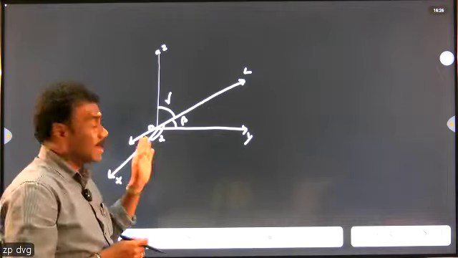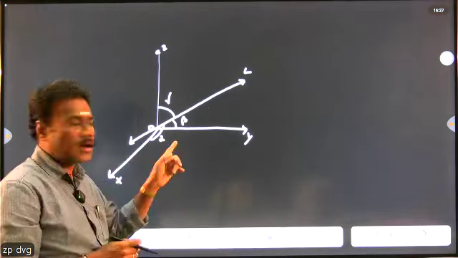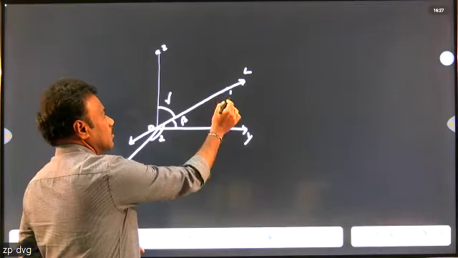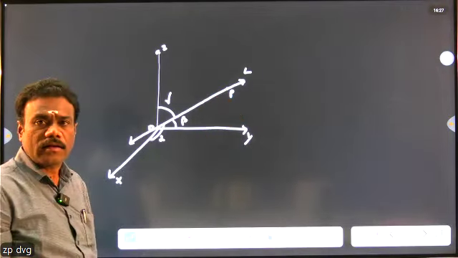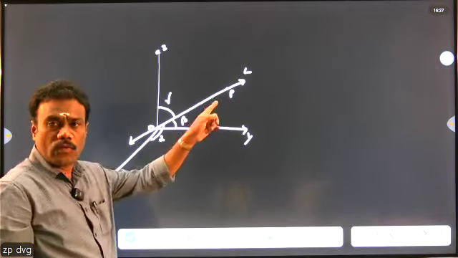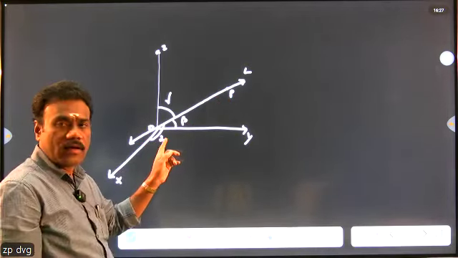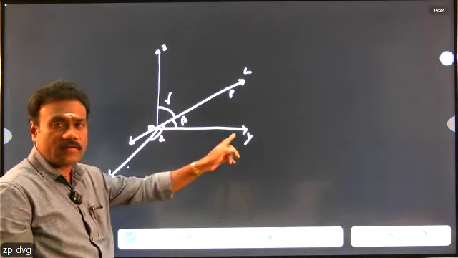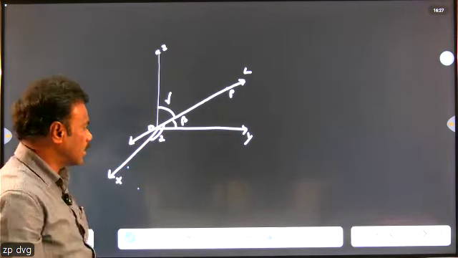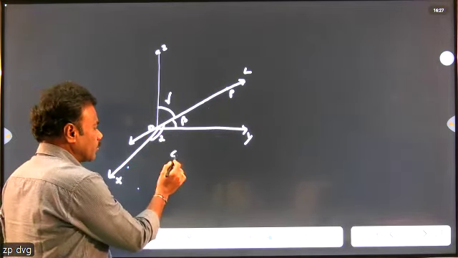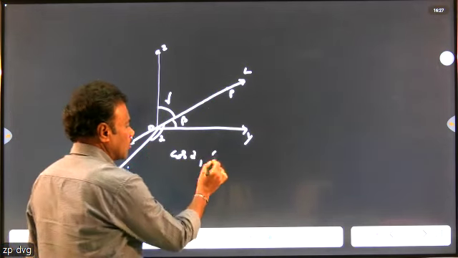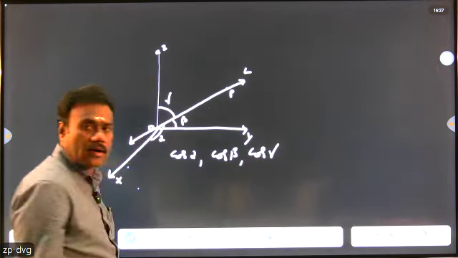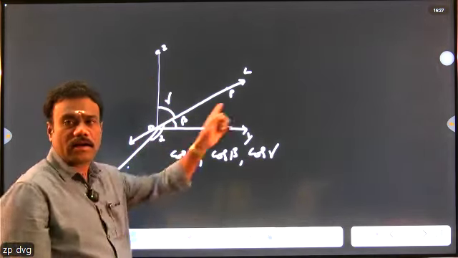If you take a directed line, suppose I take OP as the directed line, then this directed line OP makes angles alpha, beta, and gamma with the x-axis, y-axis, and z-axis. Then cos alpha, cos beta, cos gamma are called direction cosines of the directed line.